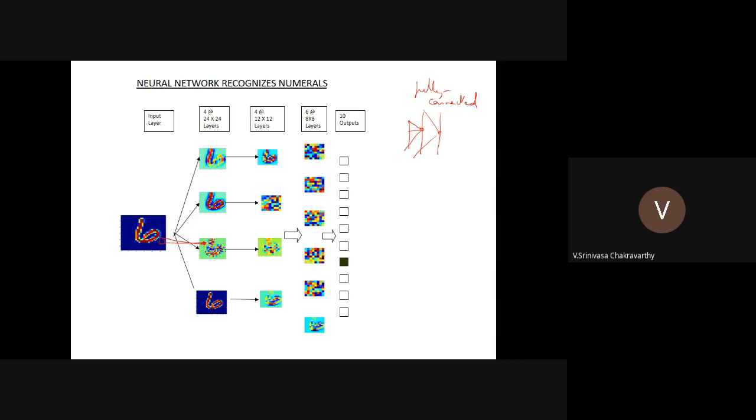So this neuron is only connected to a small window of neurons in the previous layer. Similarly, a neuron here might be connected to only a small array, but it will also be looking at a similar array in the other 2D arrays. By the way, these arrays are called feature maps.